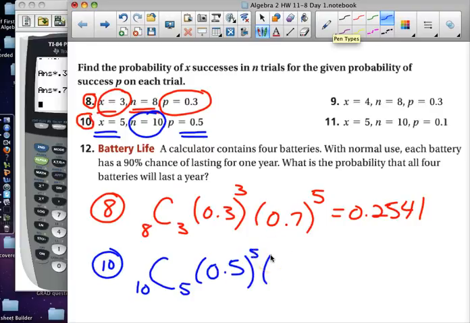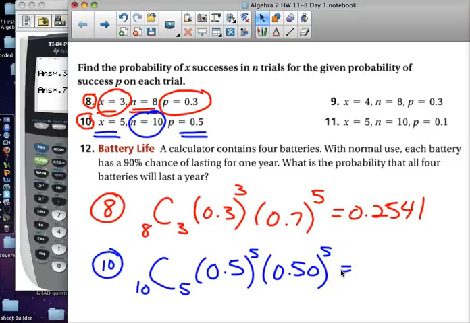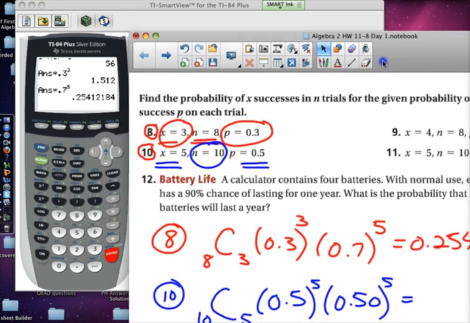But while 5 are successes, well, if we have 100% minus 50%, we have a 50% chance of a failure. And that's also going to happen 5 times, because remember, we were asked to find the probability of 5 successes in 10 trials, and the probability of a success is 50%. So this represents what we need for that binomial experiment, and let's go ahead and punch this one in.